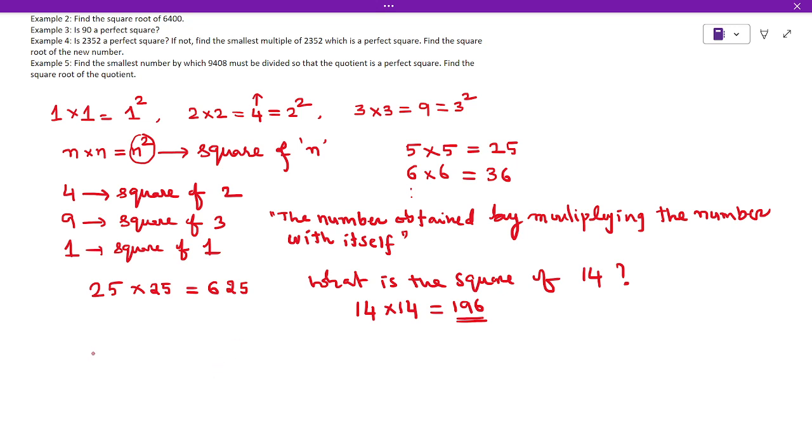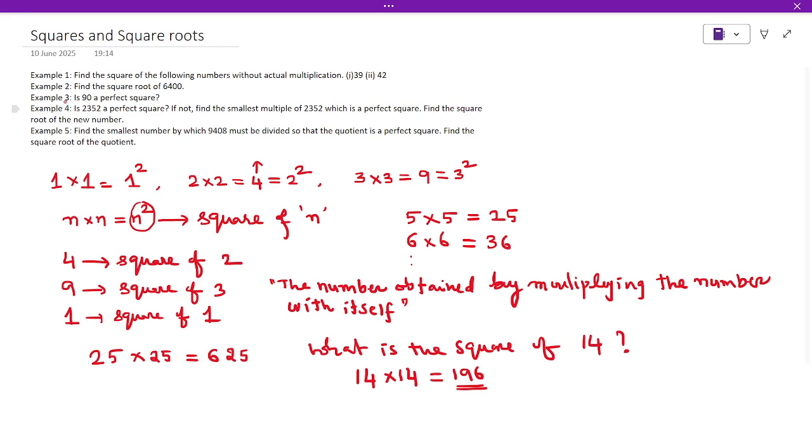Clear? So in general, when you are in the standard 6th, 7th, 8th, you would be learning many ways to find the square number, right? So the question is like, if you see here in the first question, what is the first question? Find the square of the following numbers without actual multiplication.